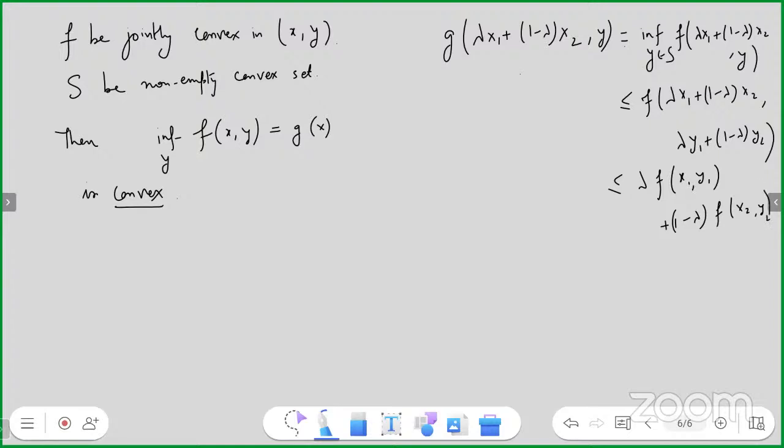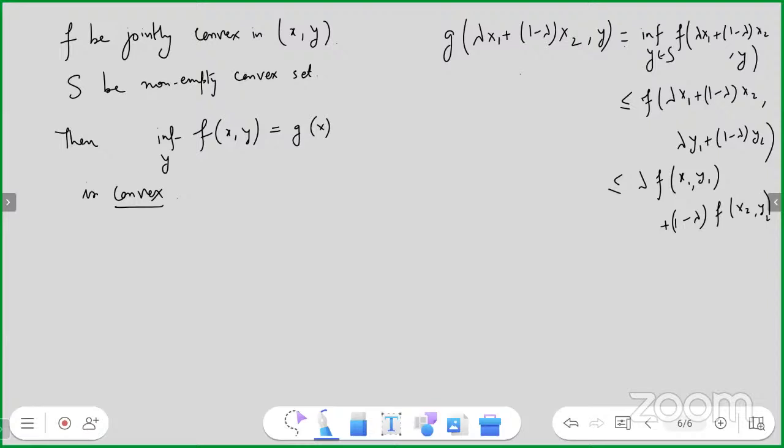Now what? This is true for any y1, any value. But the y over there is not special.